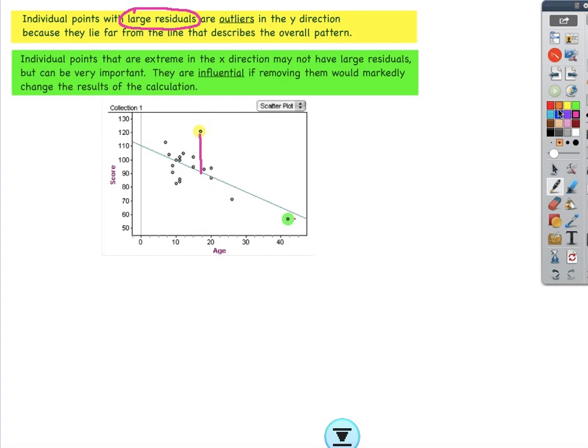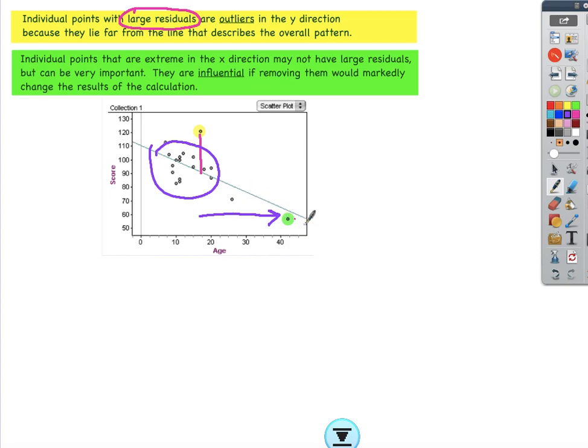Whereas an influential point stands out from the crowd, but more in the horizontal direction. You see how a lot of the points are clustered here, and then that point is set apart in the X direction. It's close to the line, but that's exactly what makes it influential.